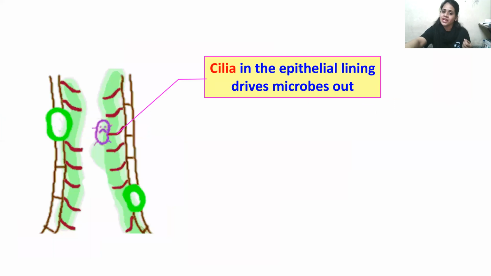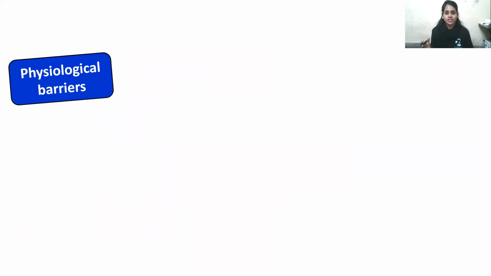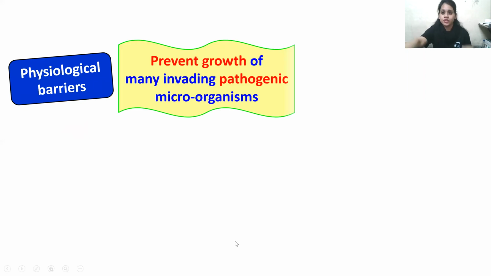Now, coming to the next one, that is physiological barrier. I hope anatomical barrier is clear, right? Anatomical barrier: skin, mucous membrane, and cilia. Now, physiological barrier is one which prevents the growth of many invading pathogens.